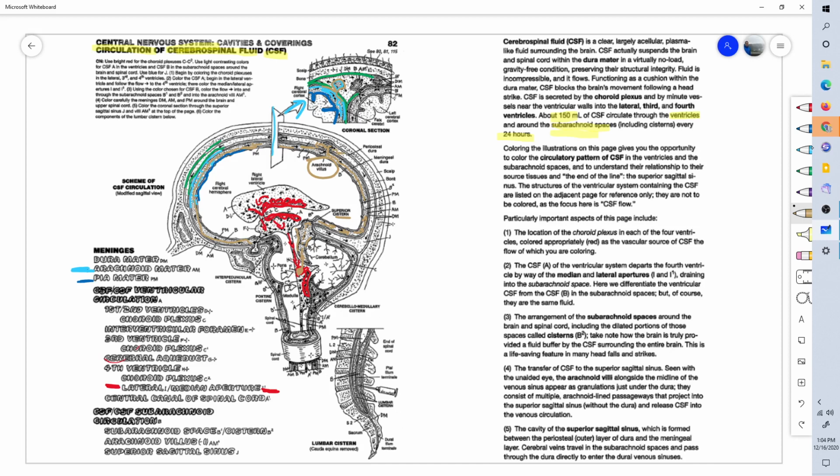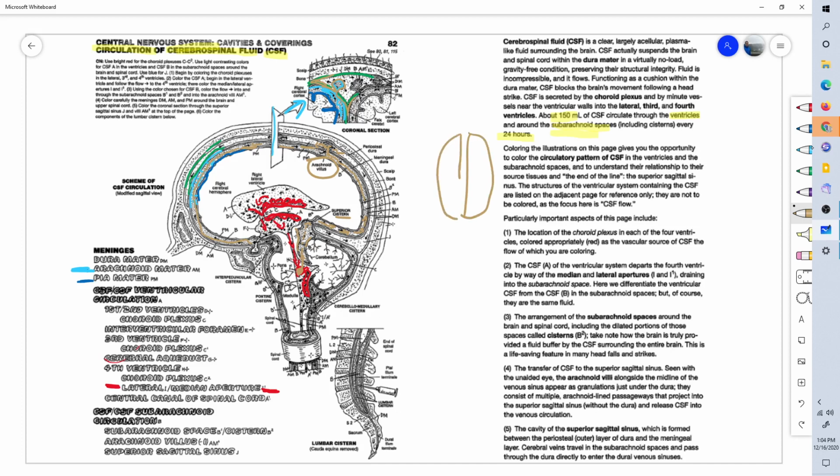This is right down the middle. This is the superior sagittal sinus. Recall the superior sagittal sinus, when the dura mater splits right here and forms the falx cerebri, this is the space between the 2 brain hemispheres.